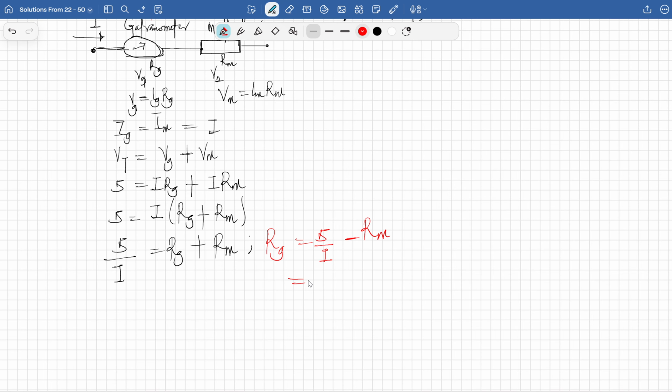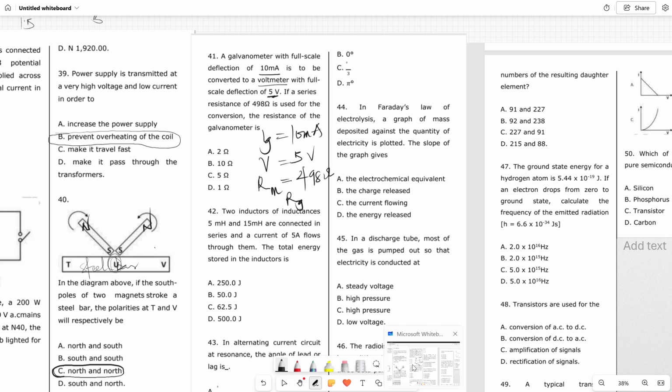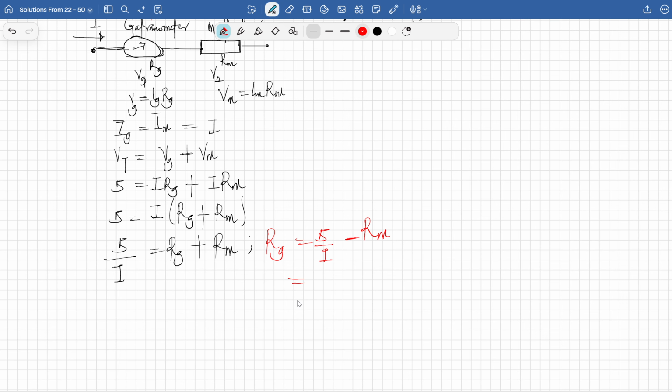So what is the given current that is flowing altogether? That is 10 milliampere. See, all these conversions are necessary, so you need to convert. This milli is the prefix here, so that is 10 exponential negative 3 ampere, and that is 0.01 ampere.